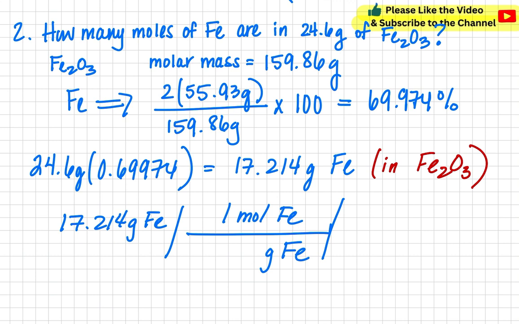What's the molar mass of iron? We look at the periodic table. It's 55.93 grams. Now I can cancel this out. My answer is going to be in moles of iron. And then I just do the math. Everything on the top divided by everything on the bottom. 17.214 divided by 55.93 gives me 0.308 mole of iron.